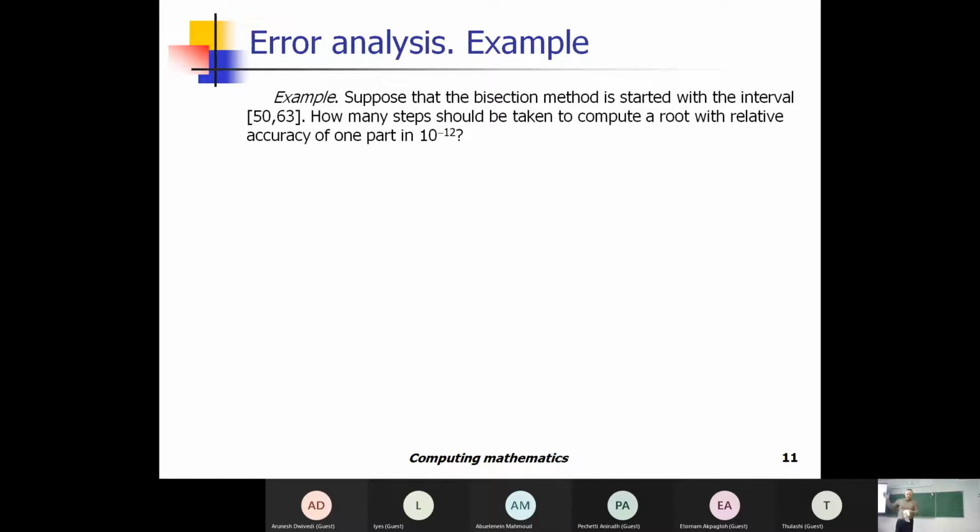Well, please read this example. Read the task again.